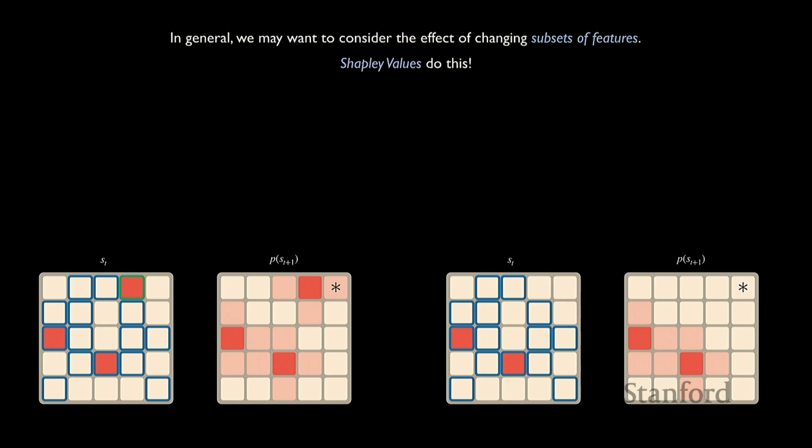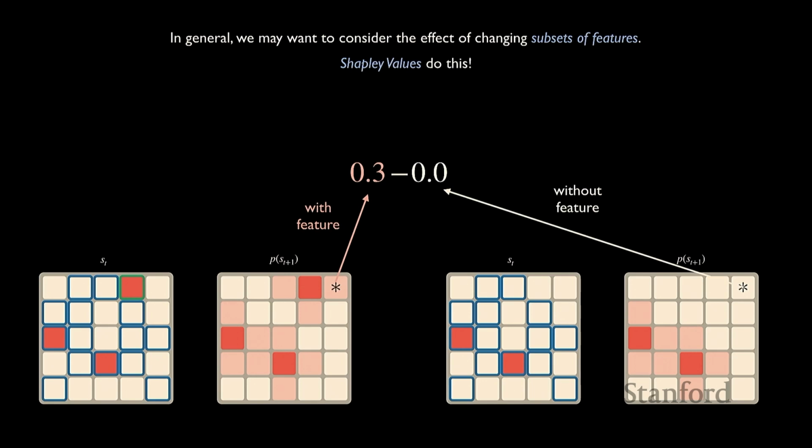We're going to look at the difference in the feature value that we care about for when it was fixed versus when it was not fixed. So we fix the subset, resample all of the rest, and one of the times we include the feature we care about, and one of the times we don't. If we take the difference between these two things, that will give us an idea of how much of a difference including versus not including that feature makes.